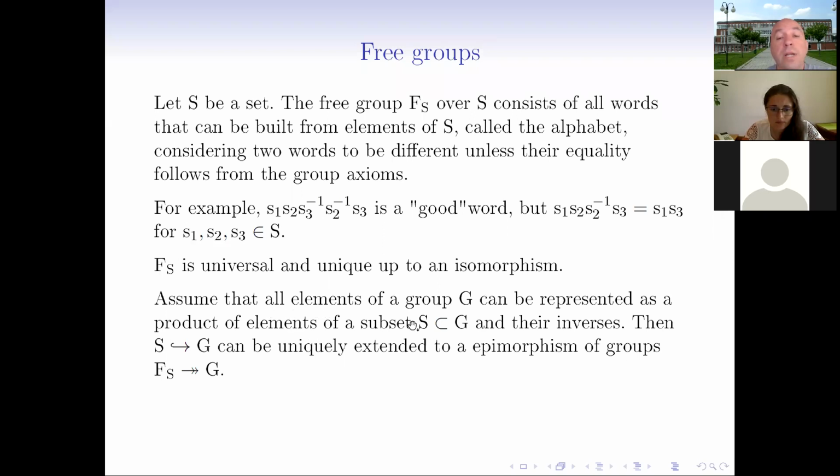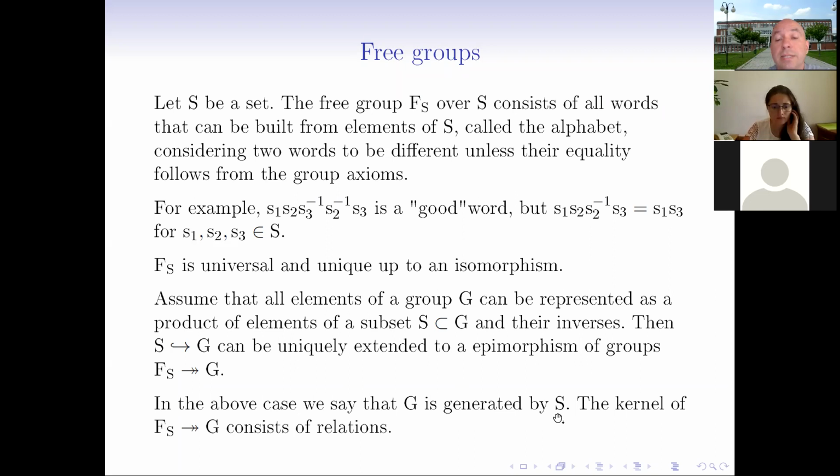Assume that all elements of a group G, now G is not the same as the free group, can be represented as a product of elements of some subset in G, maybe not in a unique way, and they are inverse, of course. Then we can say that G is generated by S capital, means that all elements are words whose letters are elements of S. And then there exists a unique epimorphism from the free group generated by S to G, which sends these letters to the letters inside.